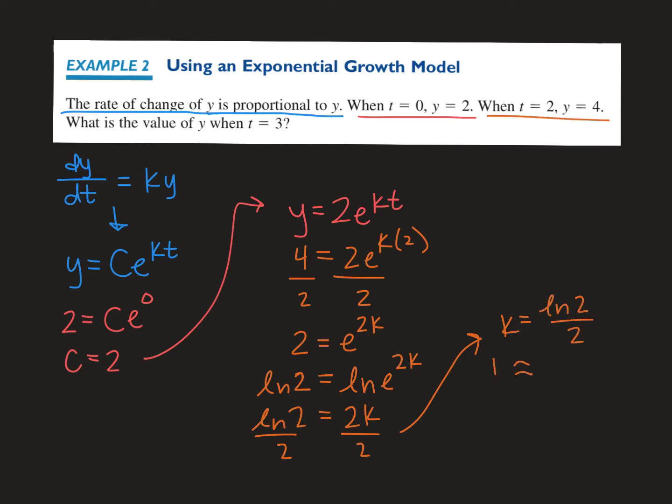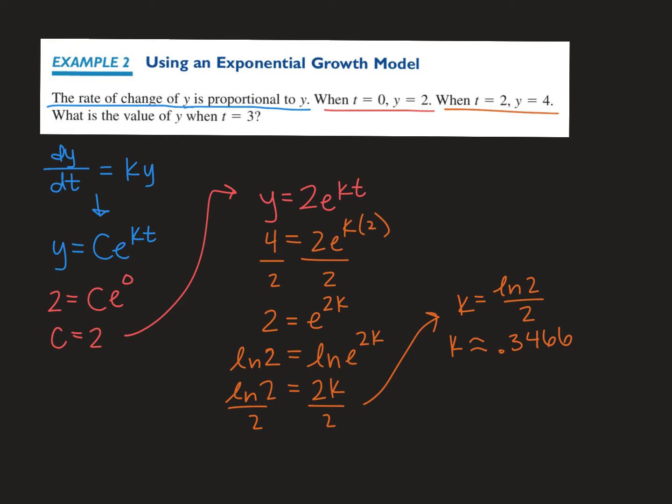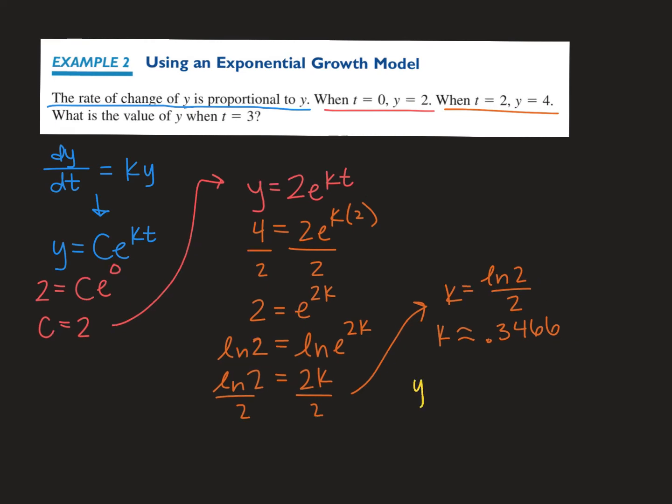Using our calculator, we'll find that as a decimal to be 0.3466, I rounded there. So our overall model, rather, is y equals 2e to the 0.3466t.